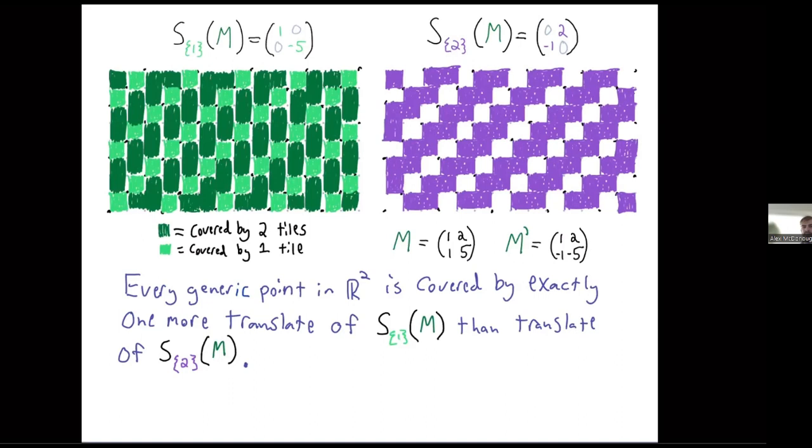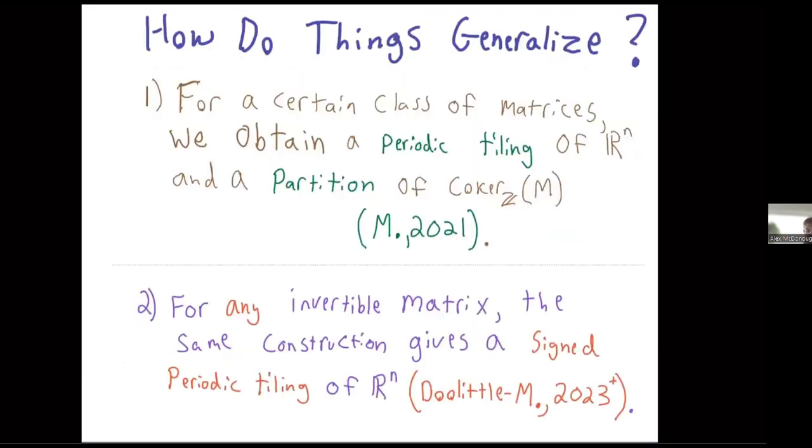You might have like 4 tiles in the first one and then 3 on the second one. But if you take this signed total, you're always going to get exactly 1 everywhere, or exactly -1 everywhere. So this is sort of the main idea in the simplest 2-dimensional case.